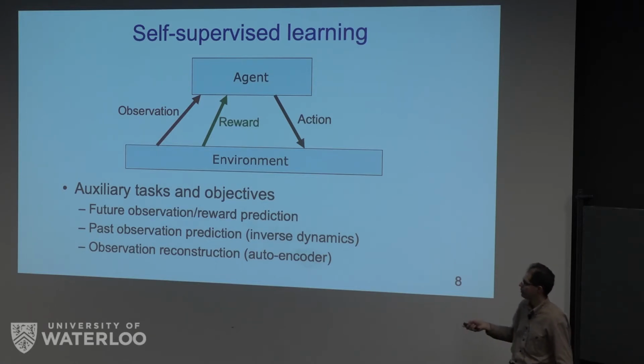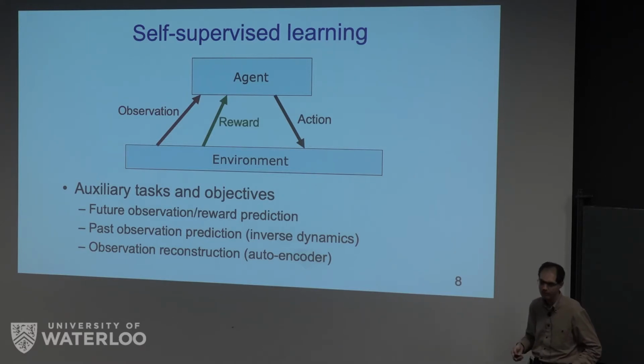Classic examples of such auxiliary tasks might be a network that also predicts future observations or rewards. We could also just predict the past ones, or we could do some form of reconstruction, as in an autoencoder. There's all kinds of things that we could do where we use these observations as the main driver.